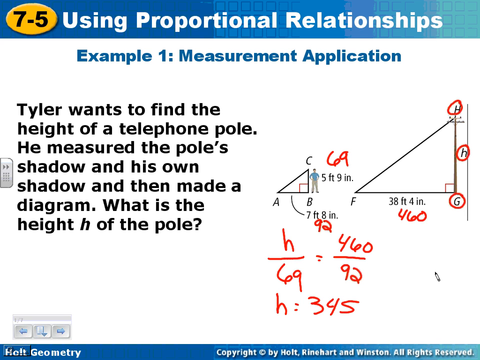And if you divide by 12 and convert it, it is also 28 feet 9 inches. So the height of that pole is 28 feet 9 inches. Again, that's using similar triangles. Look at the next slide.